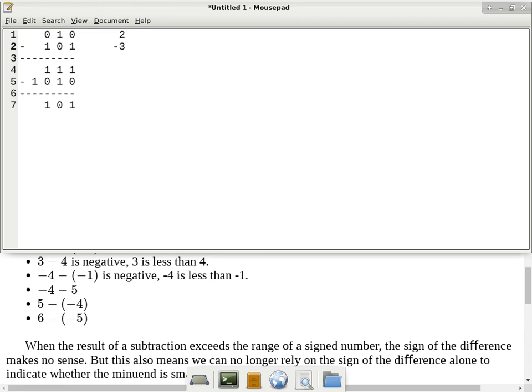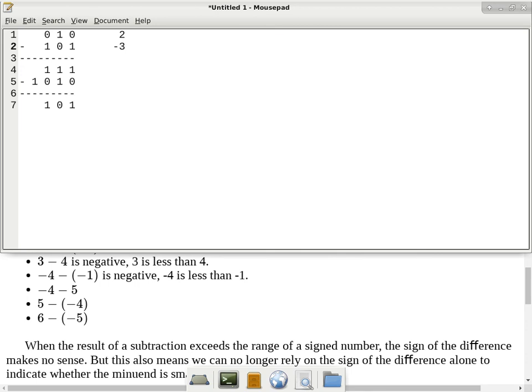Is that why there's that carry bit at the end? You mean the borrow bit? Yeah, the borrow bit. The borrow bit is useless for signed comparison. It is only useful for unsigned comparison. But as soon as you say all of these numbers are representing signed numbers, then you don't look at the borrow bit at all. That is completely useless for signed comparison.